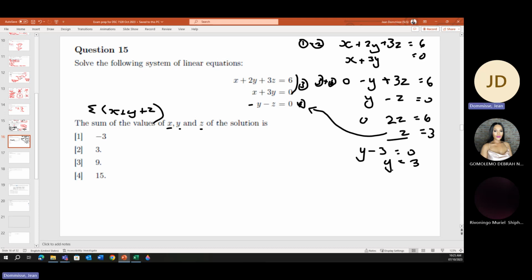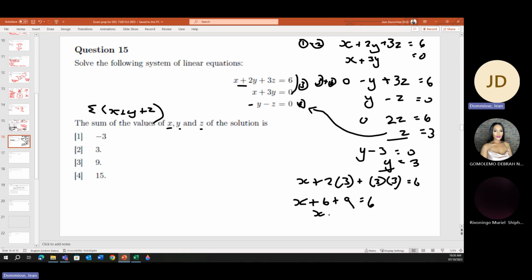And then I can put the y and the z all back into that equation. So x plus 2y plus 3z is equal to 6. So x plus 6 plus 9 is equal to 6.